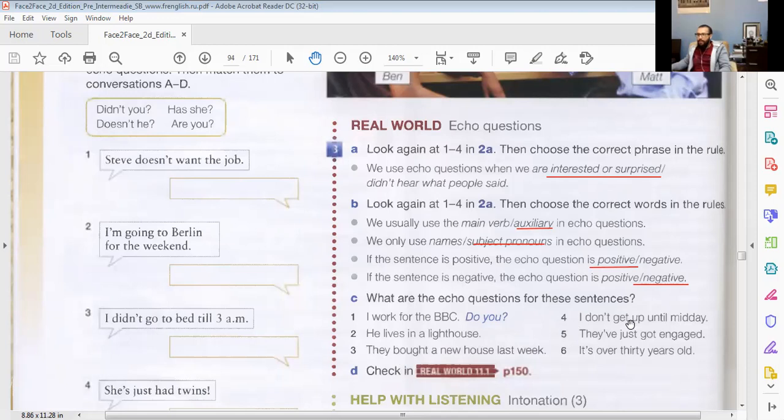Number 4, I don't get up until midday. Didn't you? Don't you? Number 5, they've just got engaged.